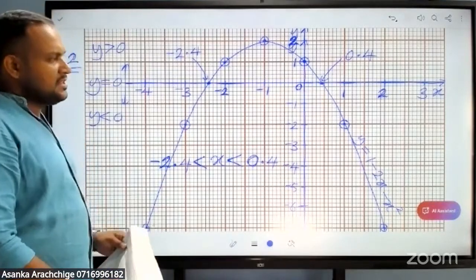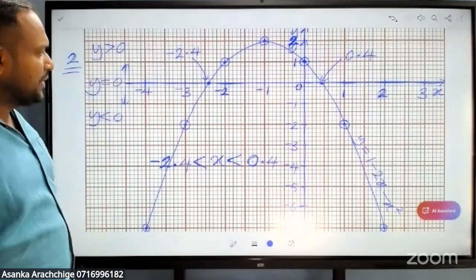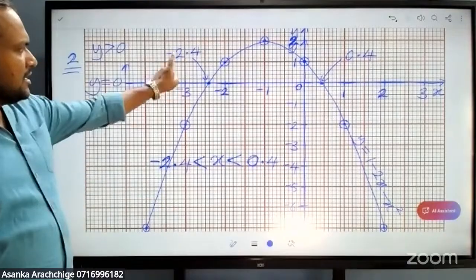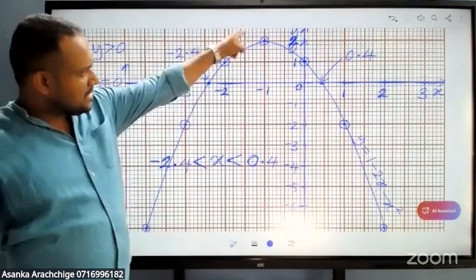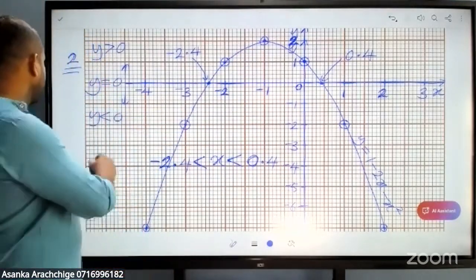Now I am leaving the Cartesian plane. What are they? Here minus 2.4, and 0.4. Axis of symmetry x equals minus 1.